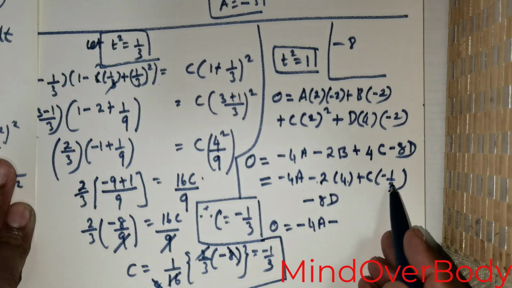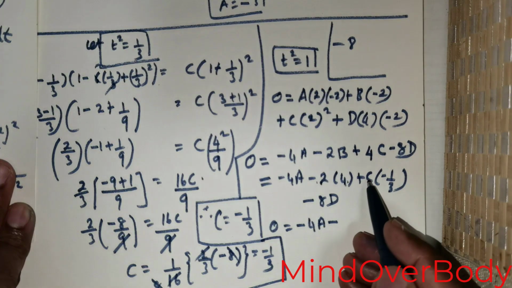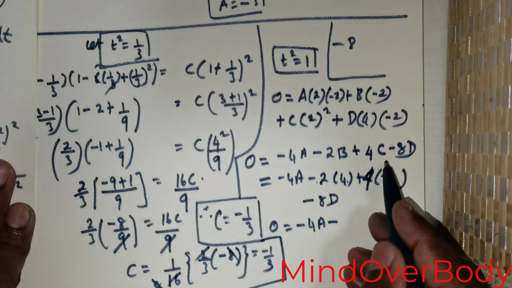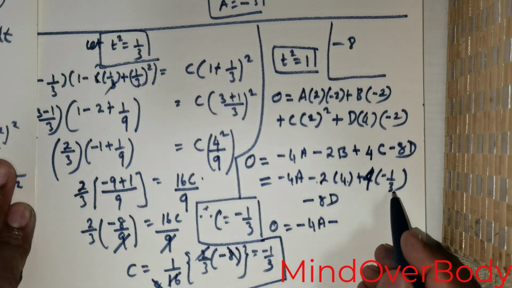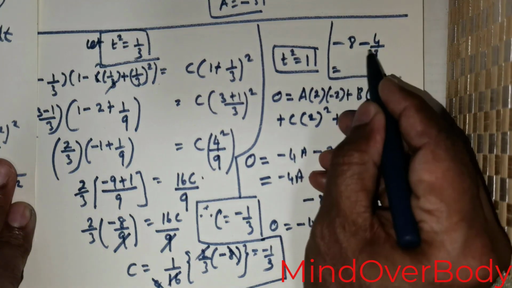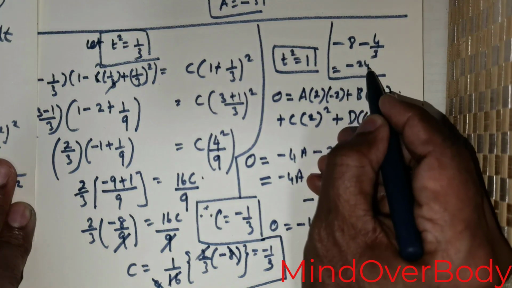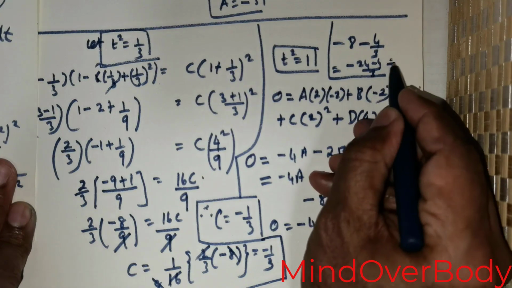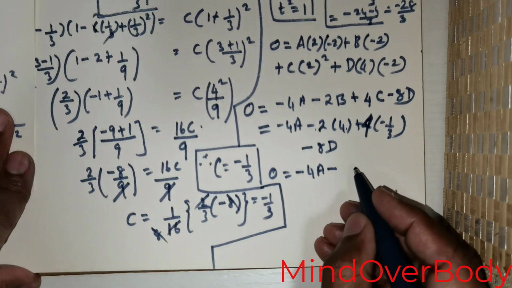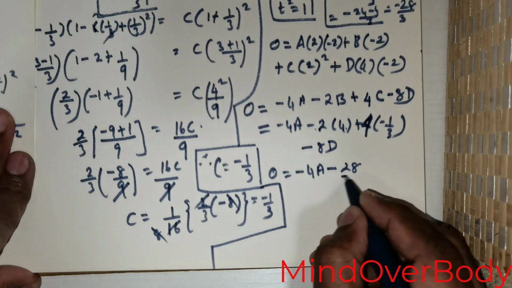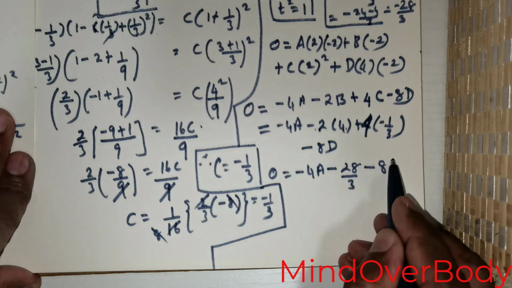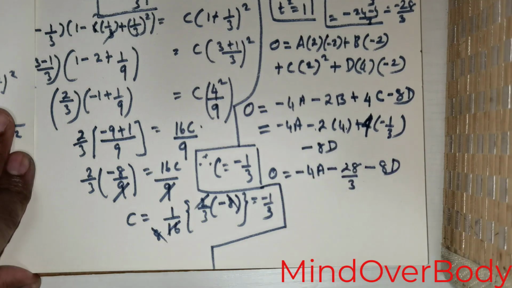And this is actually 4 times c, so c is negative 1 over 3, so I need to add negative 4 over 3. So this is going to be negative 8 times 3 is 24, negative 4 over 3, this is negative 28 over 3. So followed by negative 28 over 3, and I've got negative 8d over here. So that is the simplification.